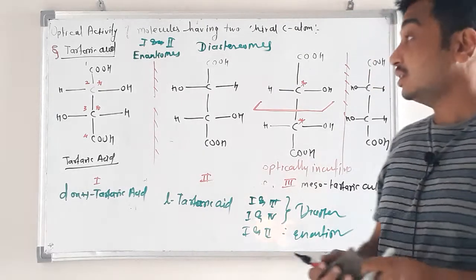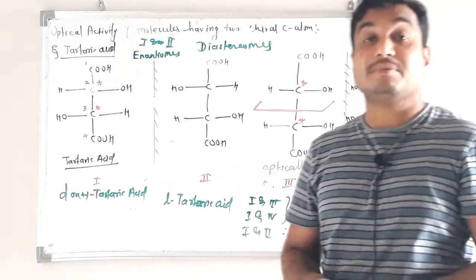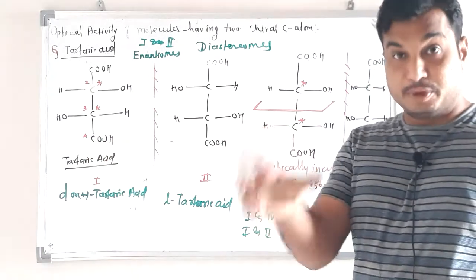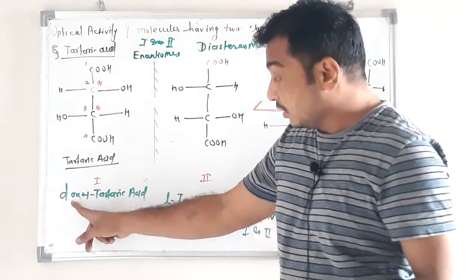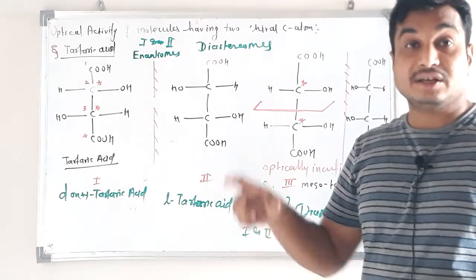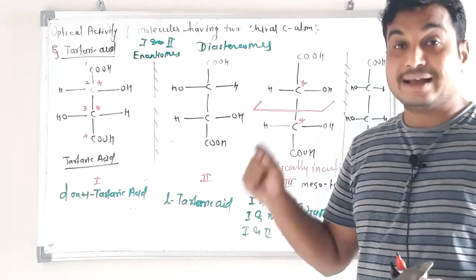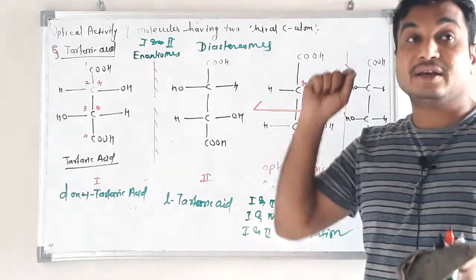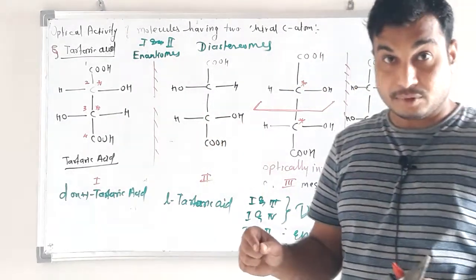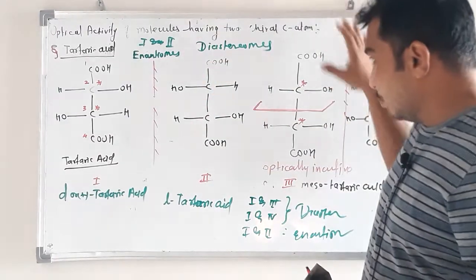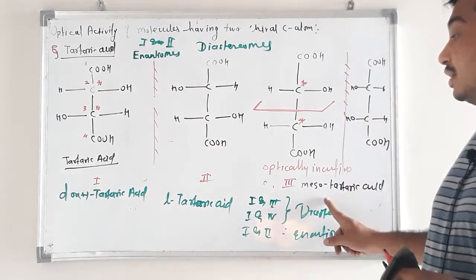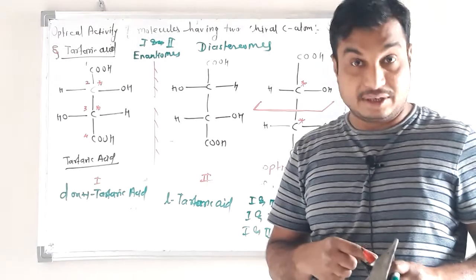Now the fourth form is the racemic mixture. If a mixture is prepared having 50% D tartaric acid and 50% L tartaric acid, that mixture is a racemic mixture, and we know a racemic mixture is optically inactive due to external compensation. So these are the 4 forms: D tartaric acid, L tartaric acid, mesotartaric acid and racemic mixture.